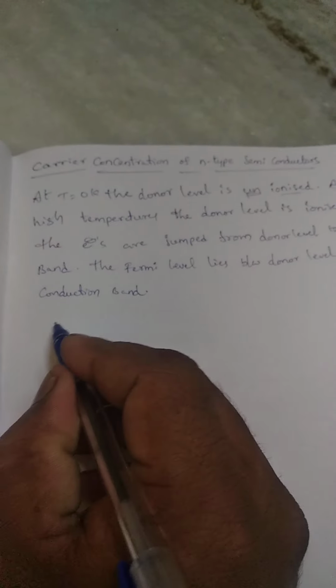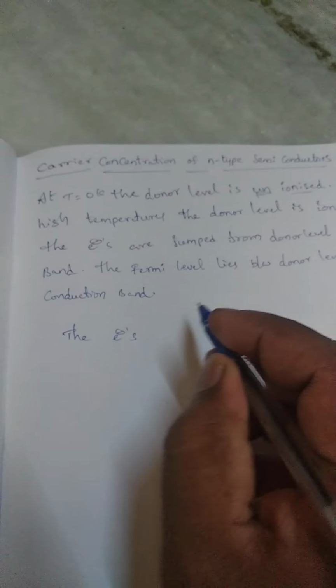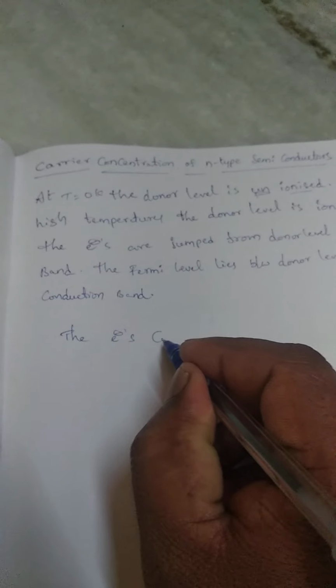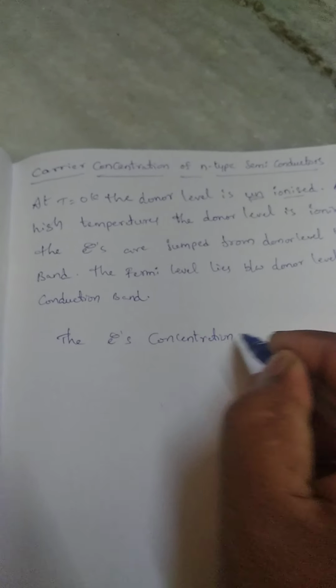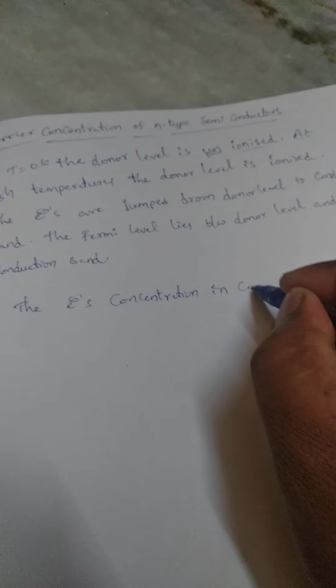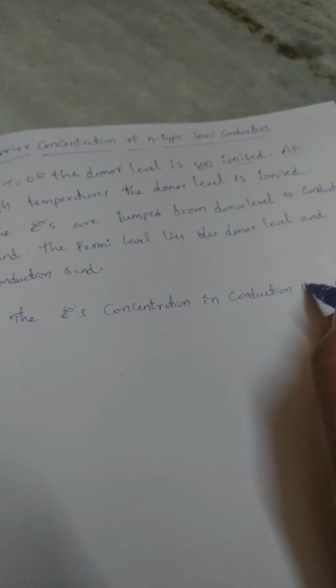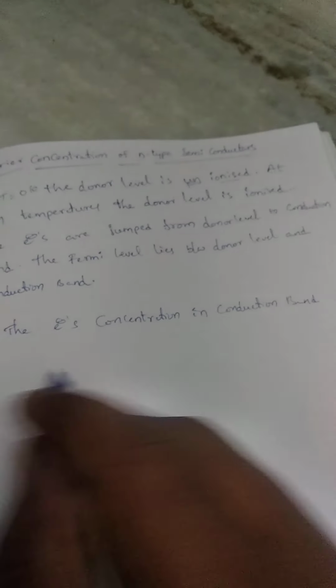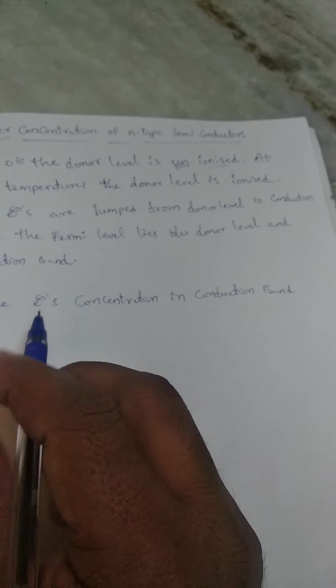The electron concentration in conduction band, this is also called the density of electrons in the conduction band.